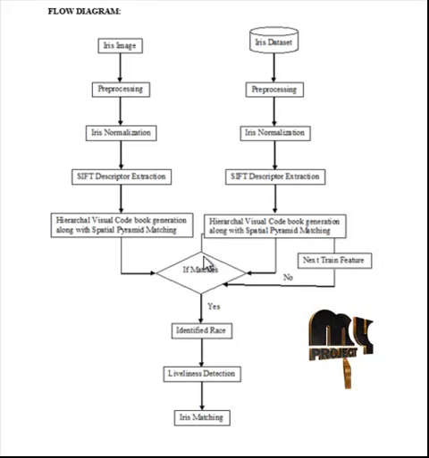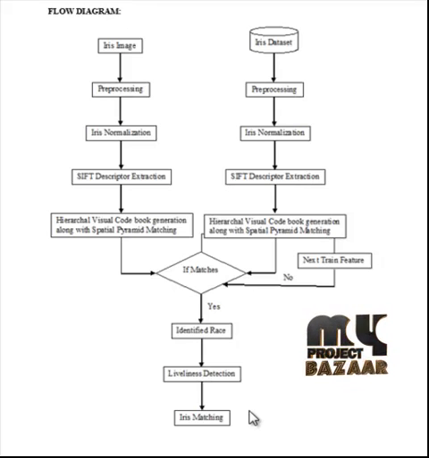If they match, it produces the labels for the race, the liveliness detection and iris matching. If they do not match, the next train feature is taken and the process is repeated. So finally we obtain the race, the liveliness, that is whether the given iris image is fake or original, and we take the iris pair from the image.